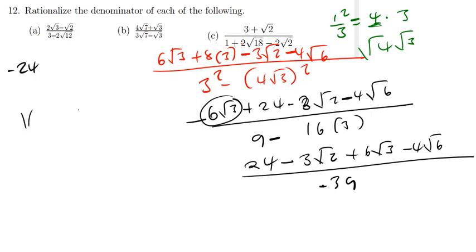So the square root of 3 times the square root of 3. What is 3 times 3? 9. So what is the square root of 9? That's the reason why it's 3.